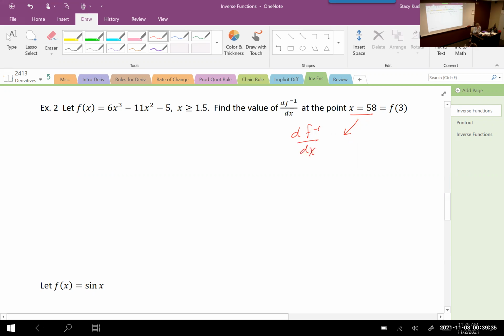Okay, well, what we're going to do is come back and look at the function itself, f. So let's take the derivative. So let's find the derivative.